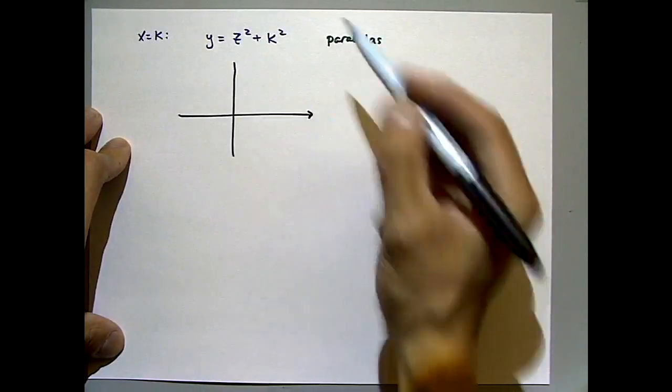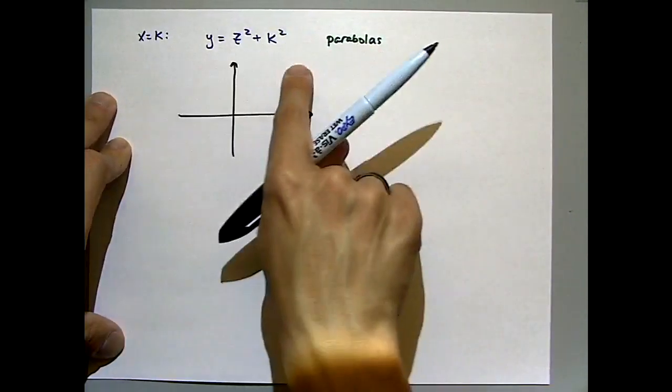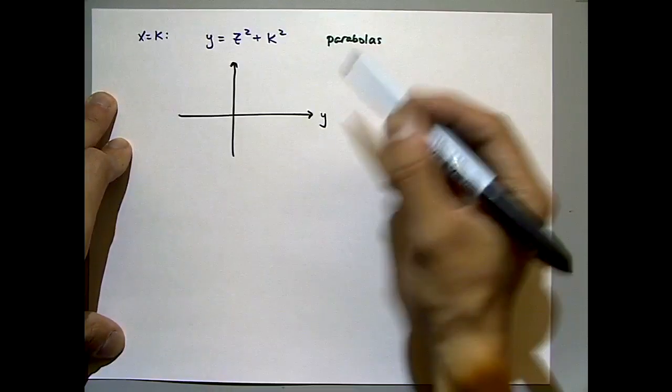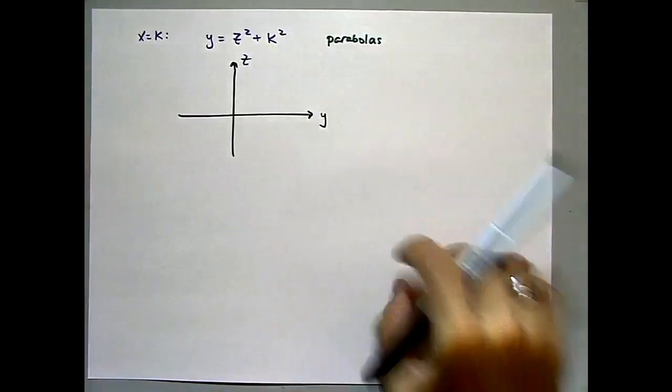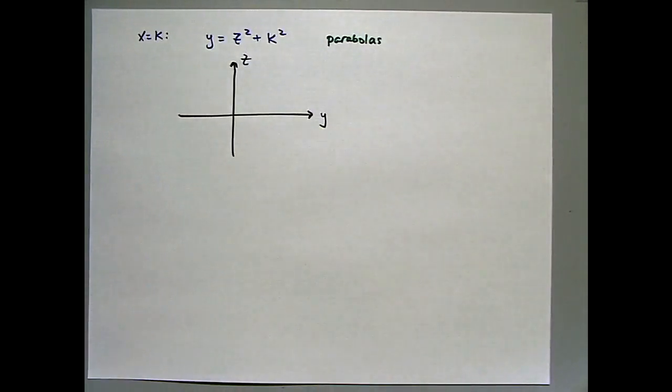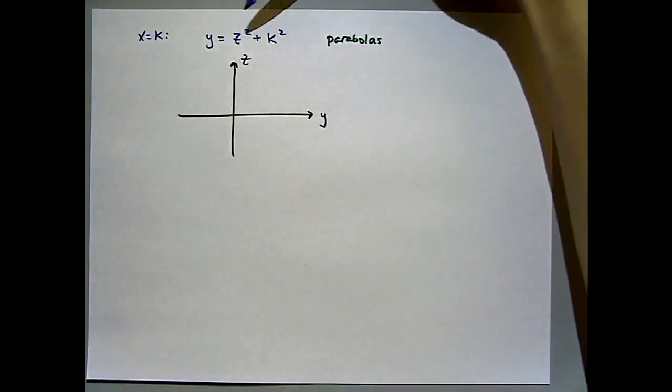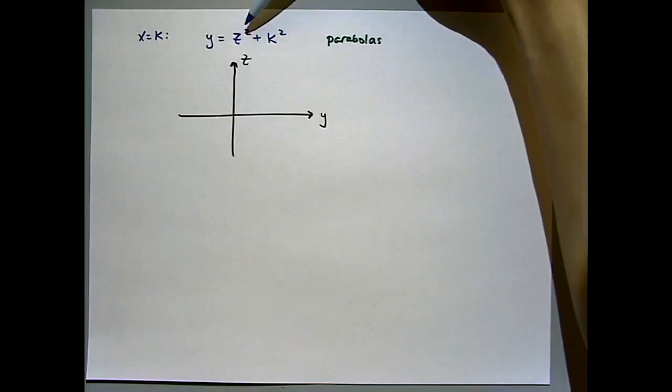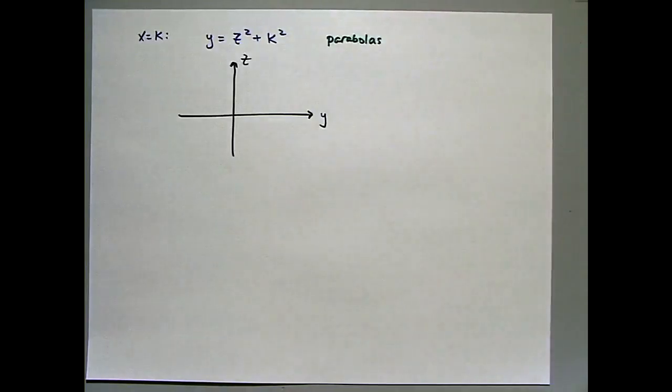But let's see what they look like. Y versus z, let's put y here, put z here. This means x is coming out at us. Y is equal to z squared. Now, which way do these parabolas open? To the positive y, right?